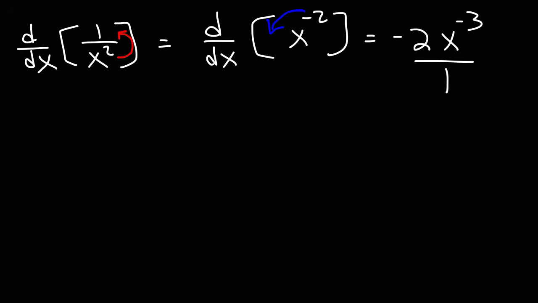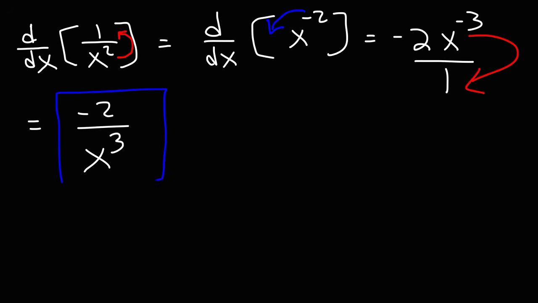What you want to do is get rid of the negative exponent. So you want to move the x variable back to the bottom. Thus, we're going to have a negative 2 on top and x raised to the positive 3 on the bottom. This is the final answer in its simplified form. So that's the derivative of 1 over x squared.